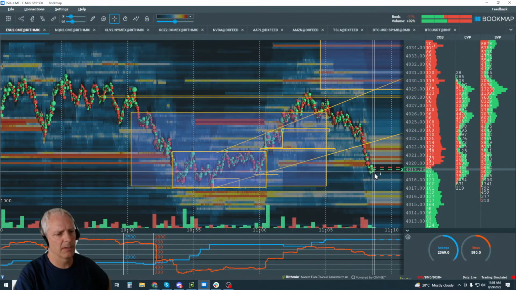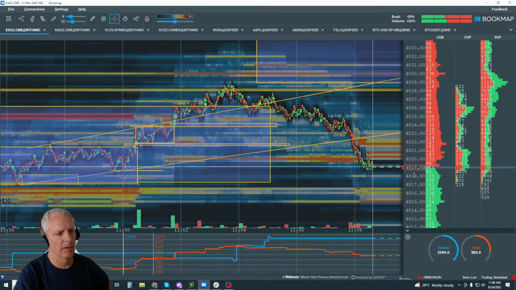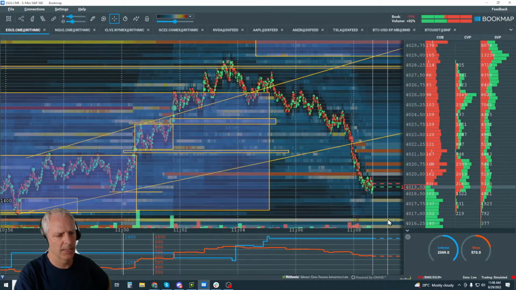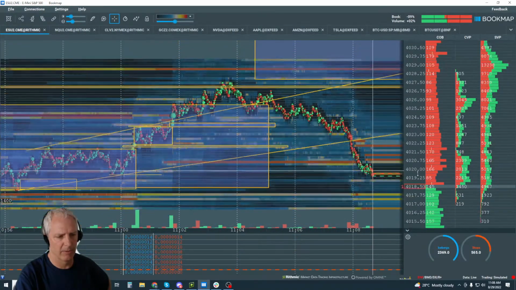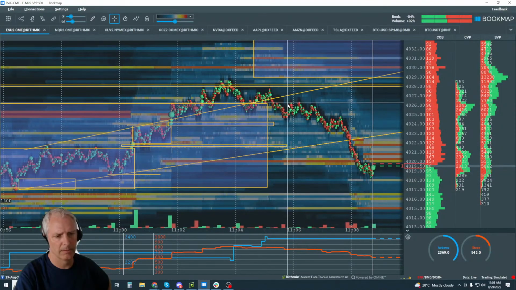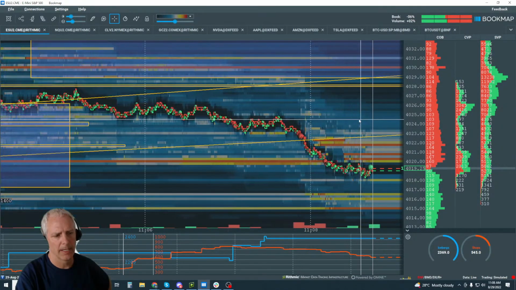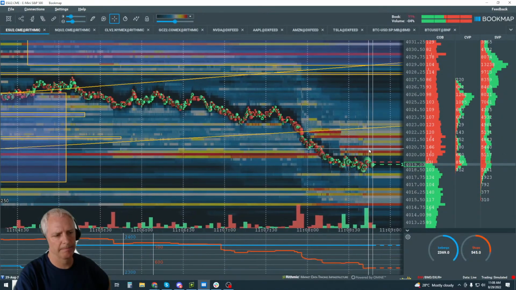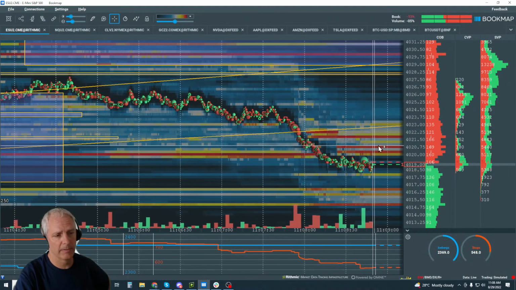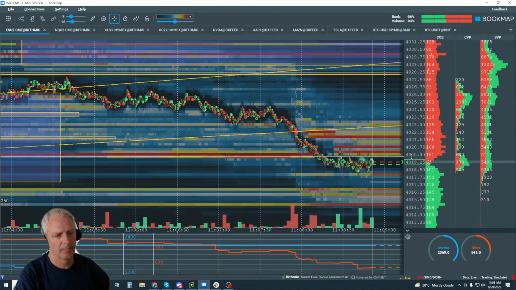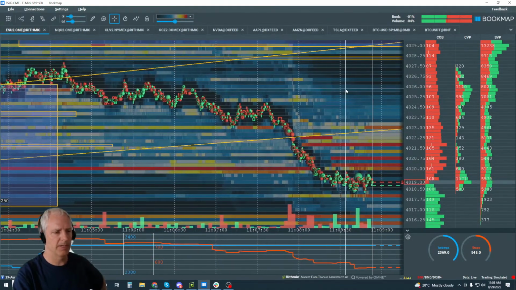But we're still looking for our sellers to hit maybe the 16 level, 15 level. They're on the offer. The bid traded here, but they're on the offer here. And we're not seeing sellers at the moment.